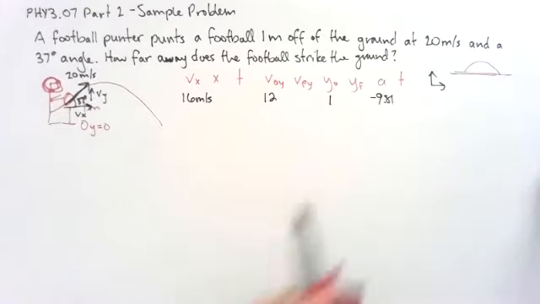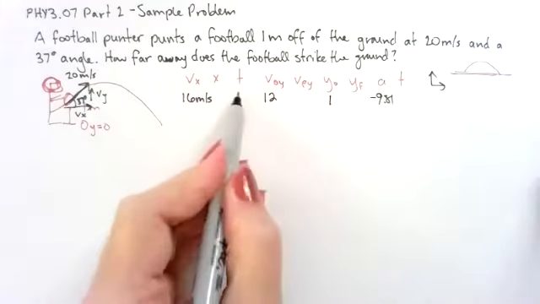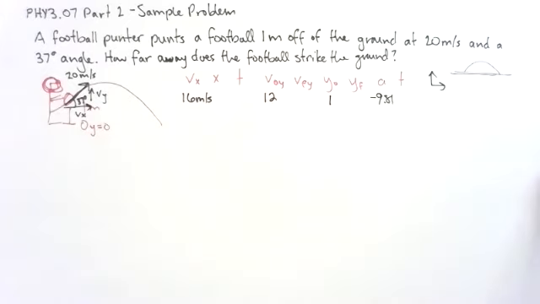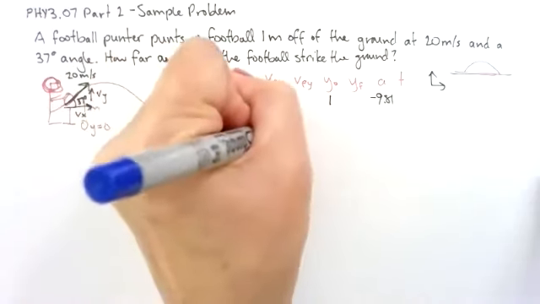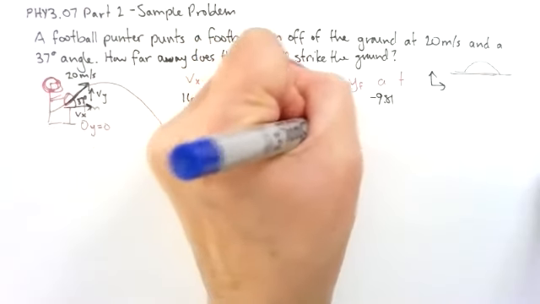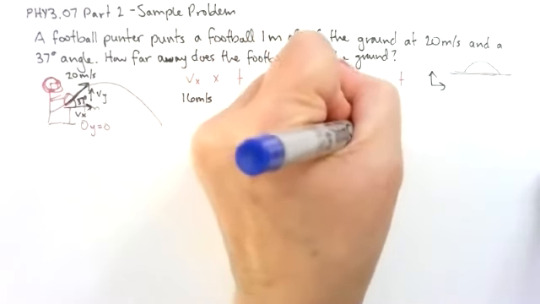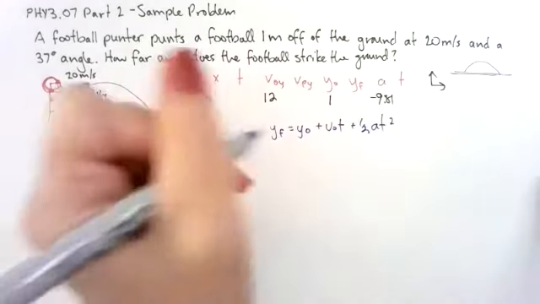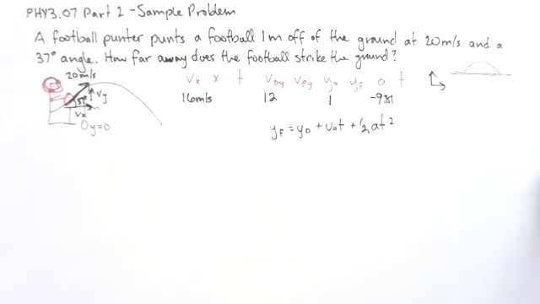So what I need to do is solve for time over here, and then I can bring it over here. The equation that's going to work best for me is y sub f equals y sub o plus v sub o t plus 1/2 a t squared. Oh yep, I forgot to put y sub f. I'm like, where's my variable?